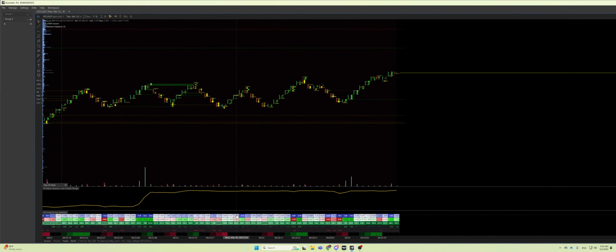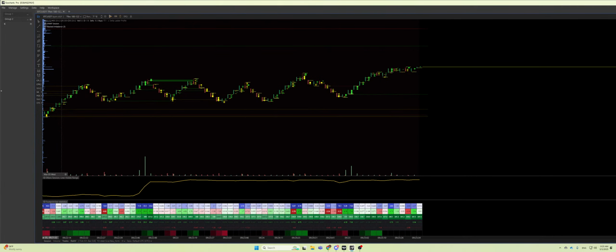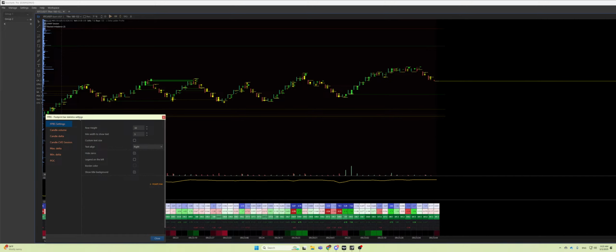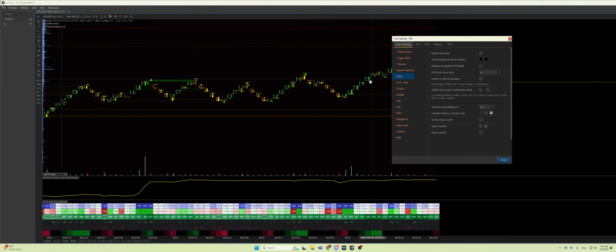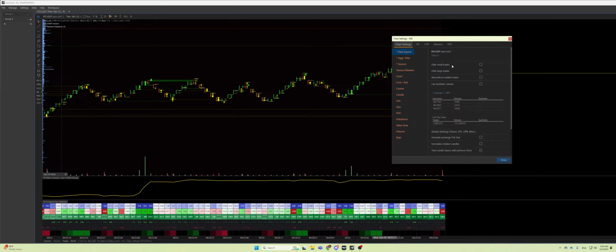So we did fix a small chart real quick. Let's see what we have here. We have volume delta. Let's figure this out. Oh, hold on, we need to fix the volume here. Synthetic volume.